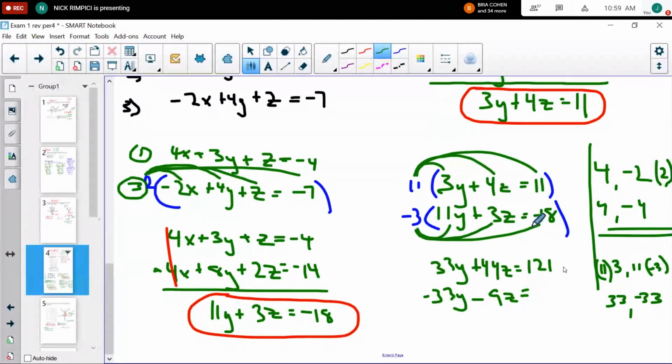Well, two negatives make a positive, and negative 18 times negative 3 looks like that's going to be 54. Okay, that looks good. All right, so that's everything worked out. Now we're going to get what we wanted. We're going to get the 33y and negative 33y to cancel out, so that's good. We eliminated a variable.